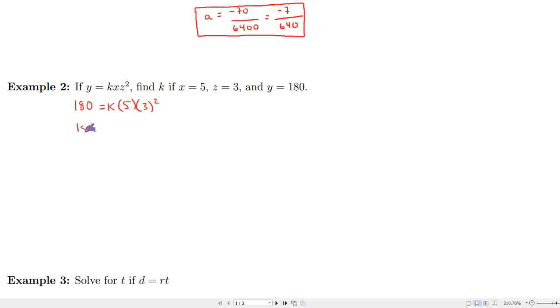So then we'll have 180 equals k times 5, and 3 squared is 9, so 180 equals k times 45. And then to solve for k, we'll have to divide both sides by 45. And we'll get our answer.